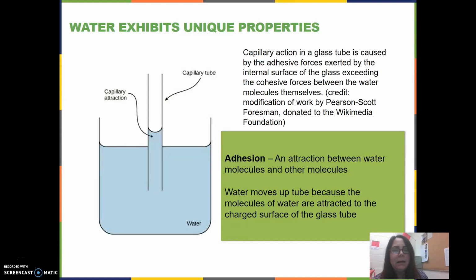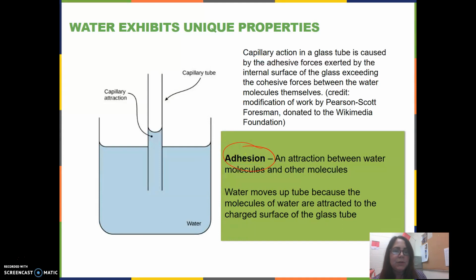We see it also in a capillary tube. Sometimes they'll use a capillary tube at the doctor's office: once they have a drop of blood, they'll put the capillary tube on the drop, and then the blood will just be sucked up into the tube. And that property, capillary action, is caused by adhesion and cohesion.